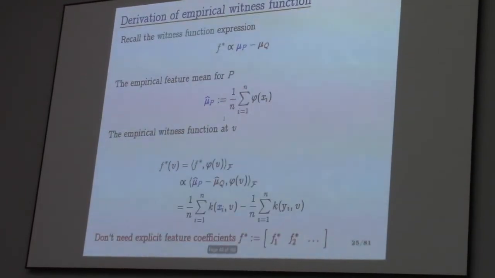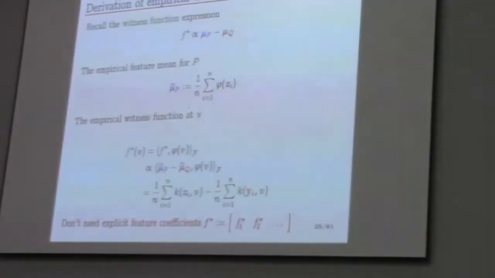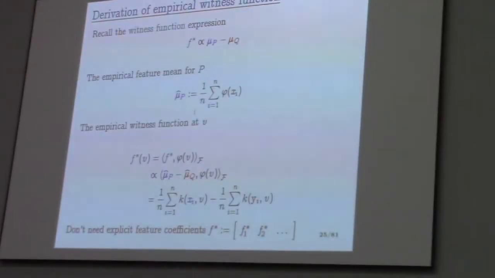And remember that the dot product of features is a kernel, so now I've just got the kernels between each of my x samples and my v minus the kernels of each of my y samples and my v. So this is showing that in my kernel space, my witness function is just the differences of the kernels on my blue points with the kernels on my red points. I don't have to write down the coefficients to get my witness function. So as I promised, here is my witness function with no coefficients explicitly defined.